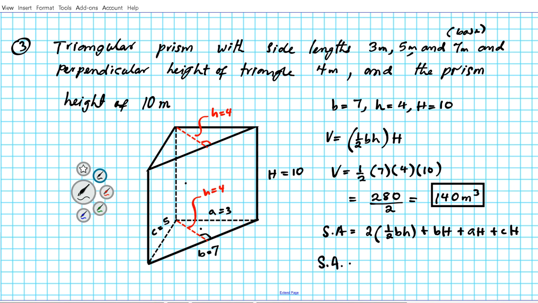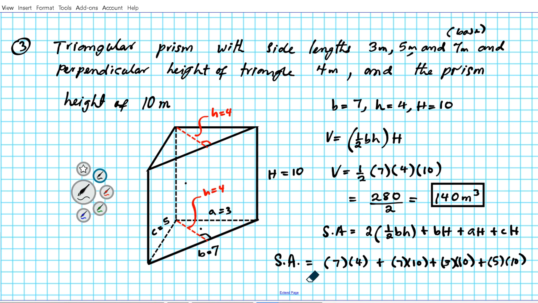So surface area is going to be, so this, you're doubling half, so these two can cancel out, right? So those two are gone. So 7 times the base times the perpendicular height of the triangle, 7 times 4, plus 7 times 10, plus 3 times 10, and then the last one, plus 5 times 10.